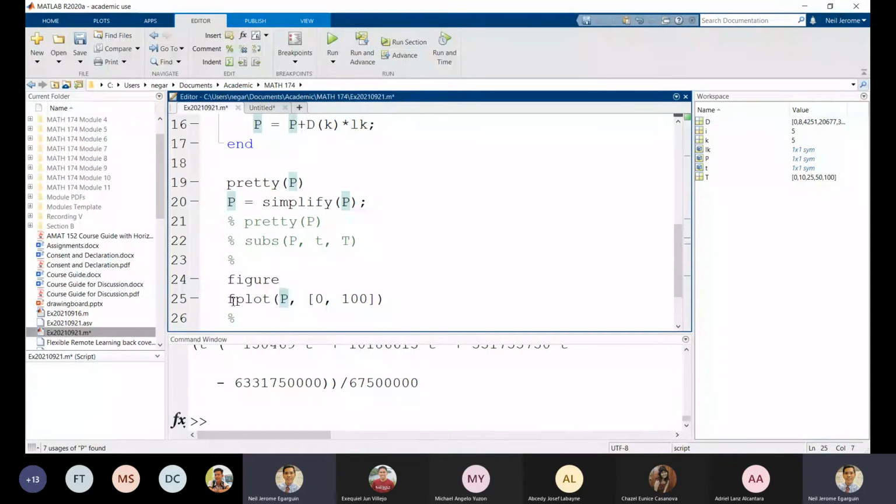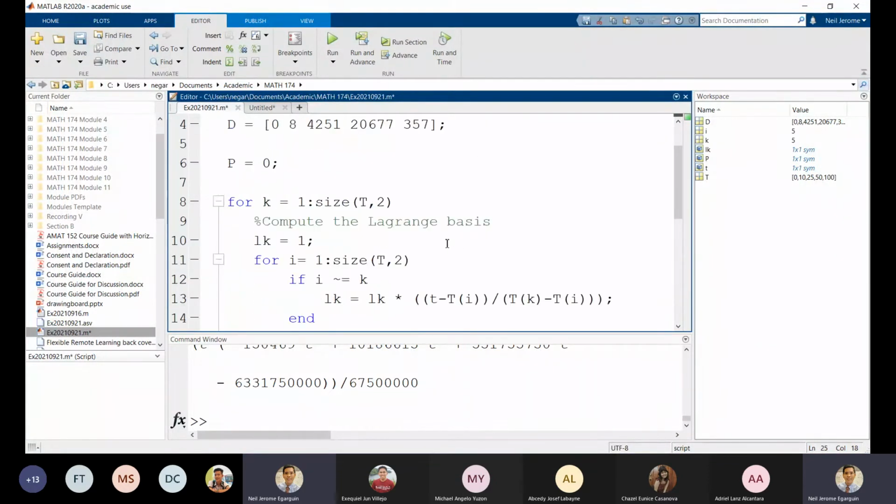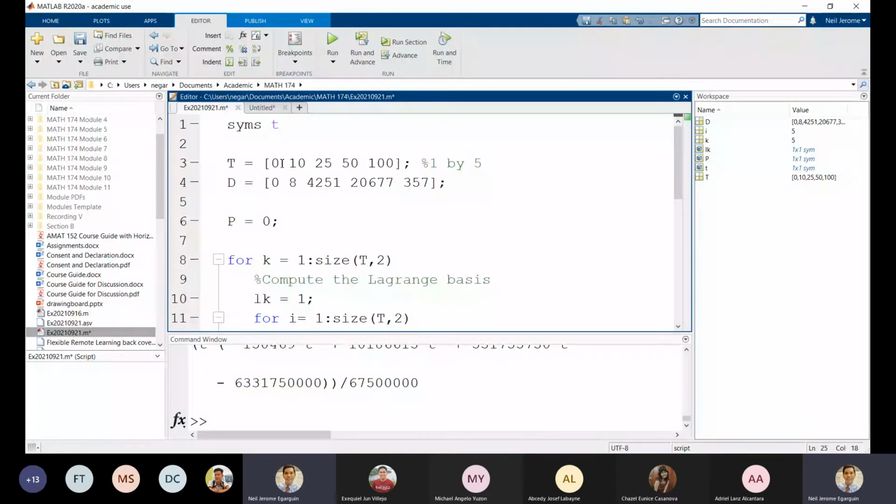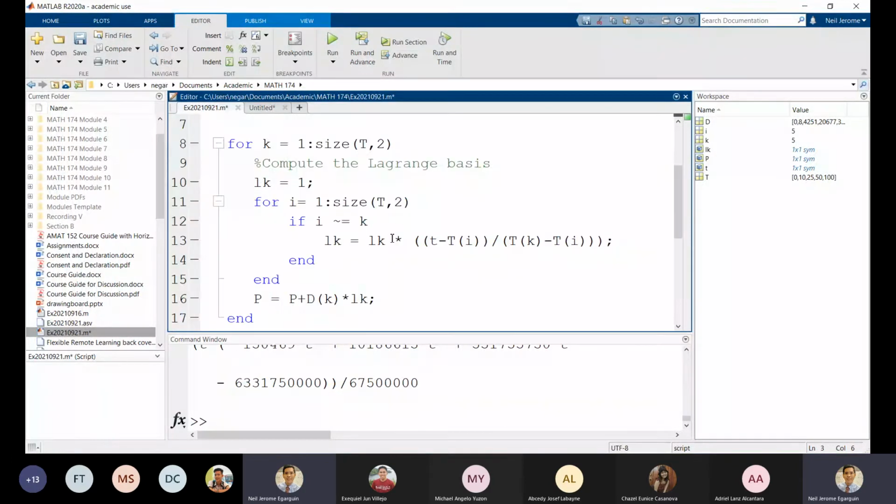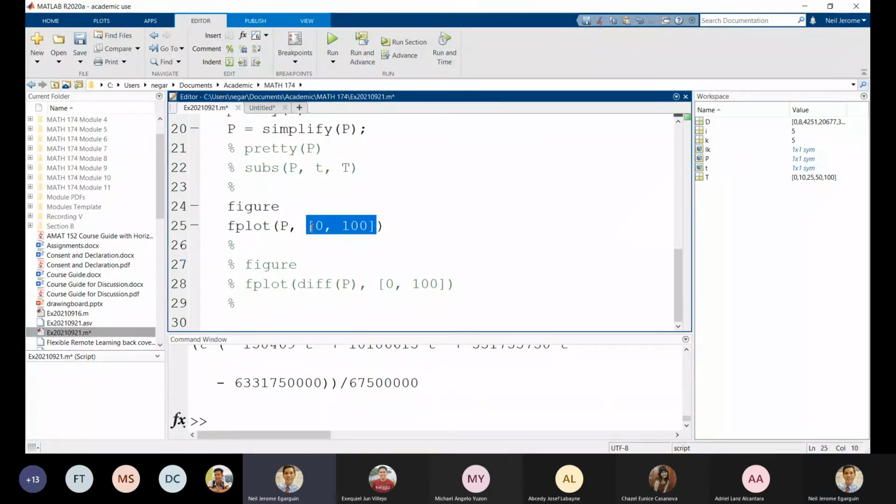The second argument is a vector consisting of the minimum value for x and the maximum value for x. Okay? So since our data set or our t-values start from 0 until 100, ginawa ko na lang x limits on the x-axis yung 0 hanggang 100.